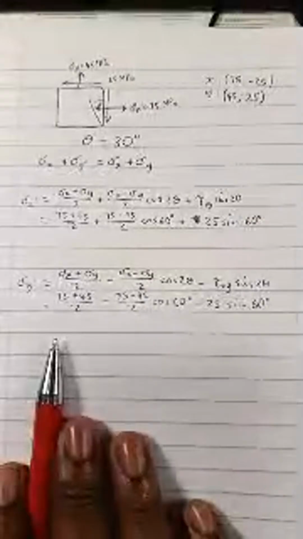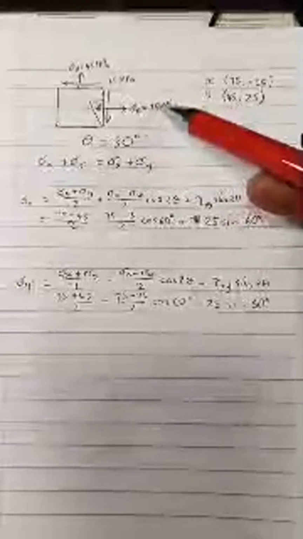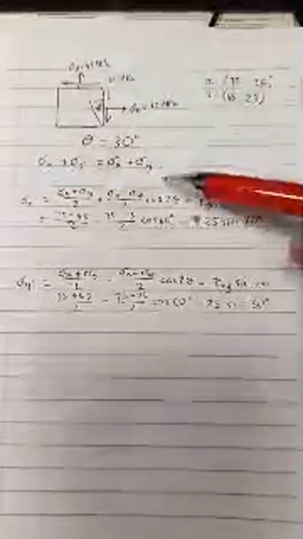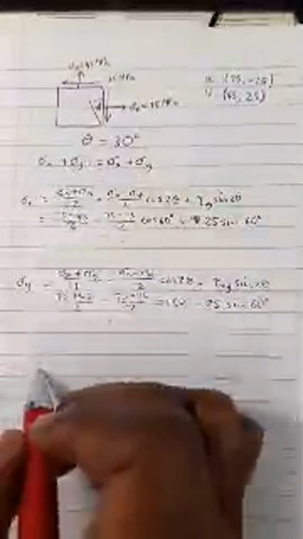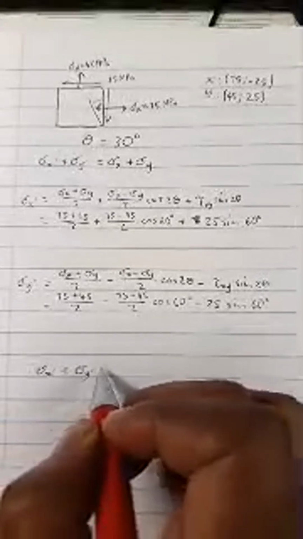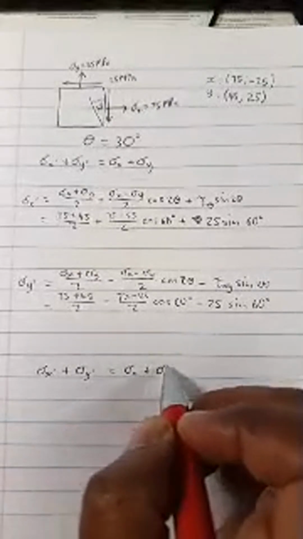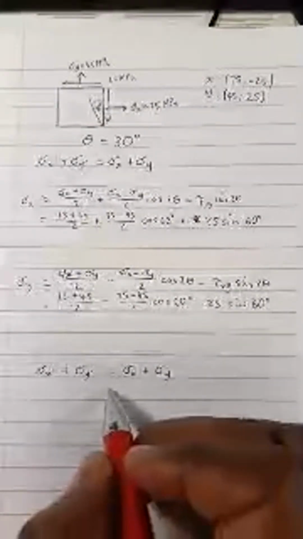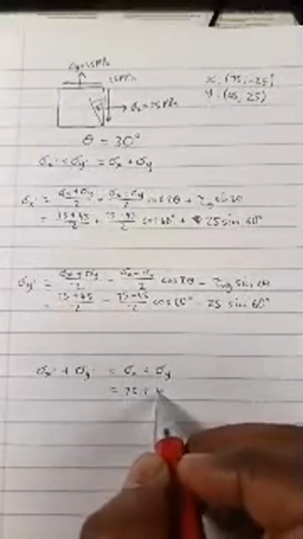Then after getting that answer, you'll substitute those values. Remember, on this side, you have 75 and 45. So you know that we'll go back to that formula. Stress x prime plus stress y prime is equal to stress x plus stress y. Now stress x is 75, stress y is 45.